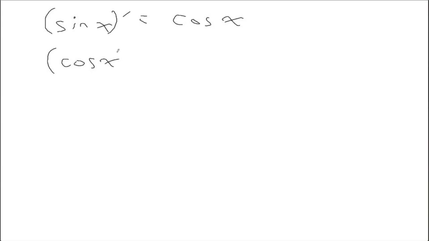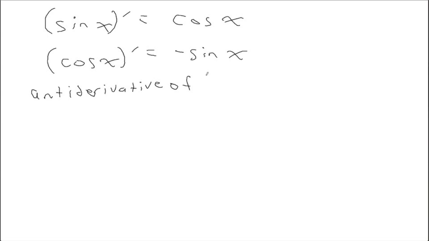So here's the thing that I think it could be confusing. What's this? Derivative of sine of x is cosine of x. And what's this? Negative sine of x. And what's this?